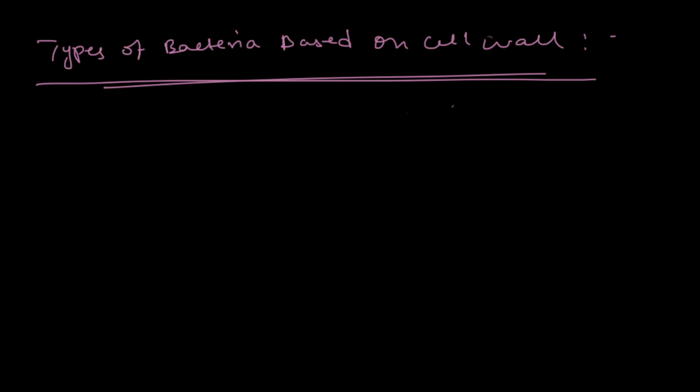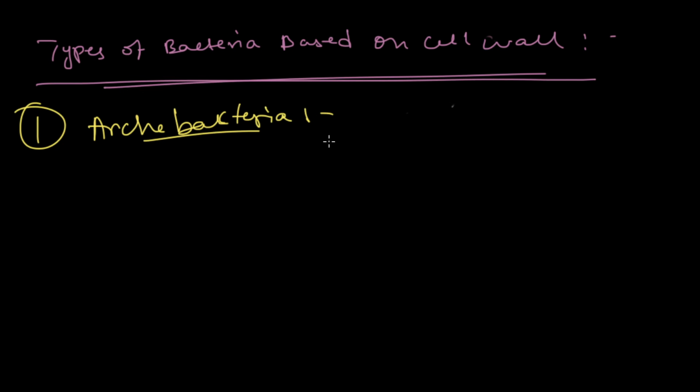Let us take some yellow colors and use these. The first one is archaebacteria. These archaebacteria are present everywhere, from harsh climatic conditions to very natural ones.